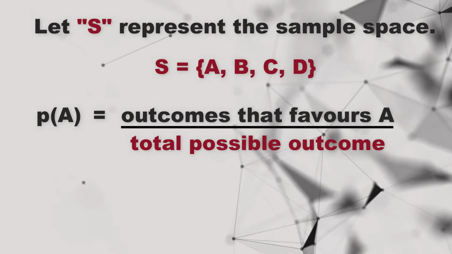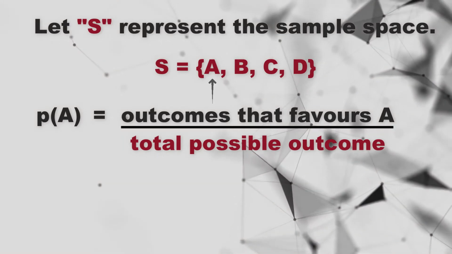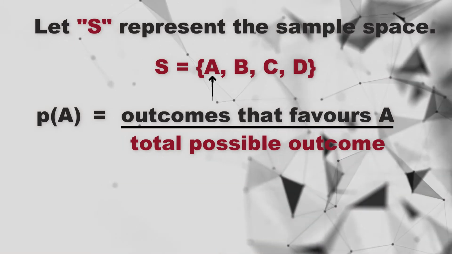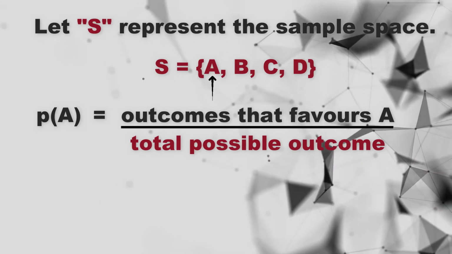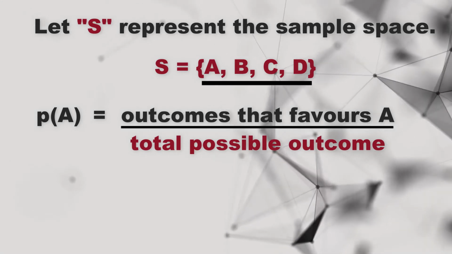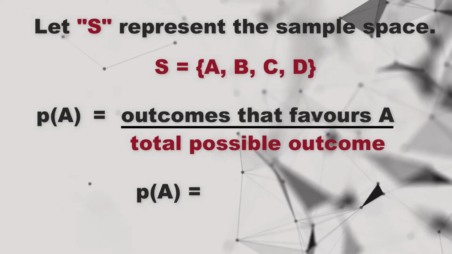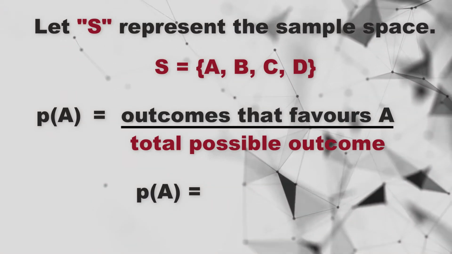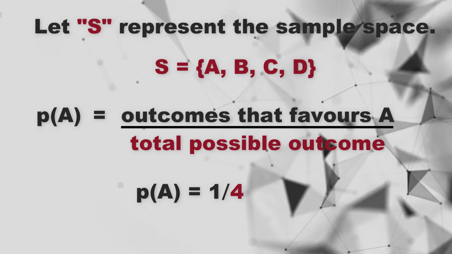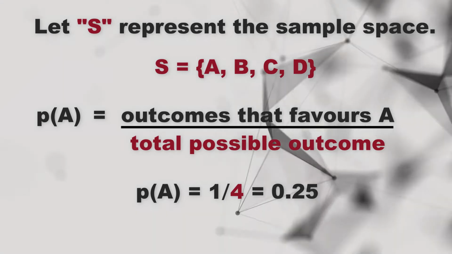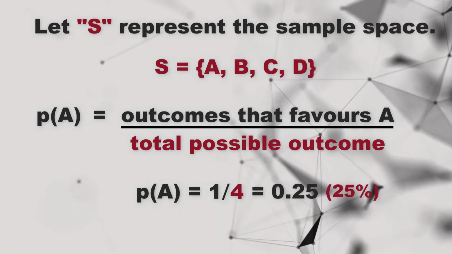From our experiment, we can see that we only have one outcome that favors event A, and we have a total possible outcome of 4. That simply implies that the probability that event A is going to occur is equal to 1 divided by 4, which is equal to 0.25, which we can also say is 25%.